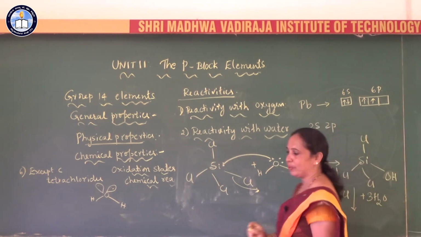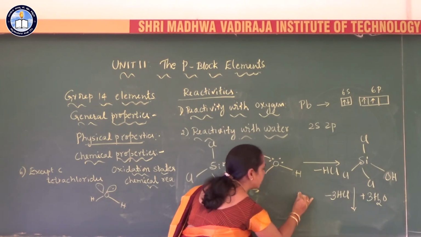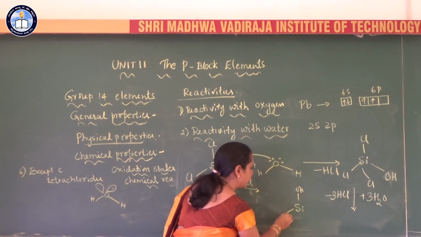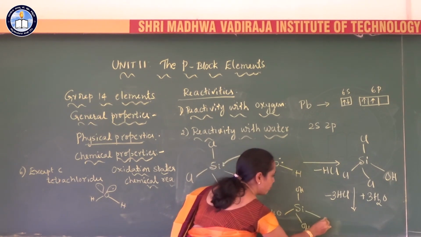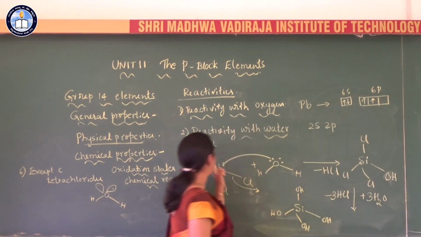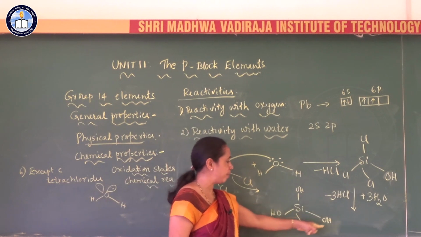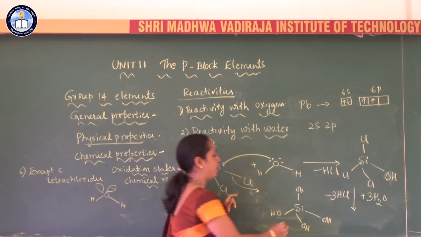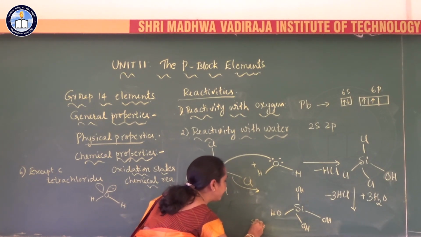Finally we get Si with OH, OH, OH and OH. All 4 chlorine atoms are now substituted by OH groups, and it is known as silicic acid.